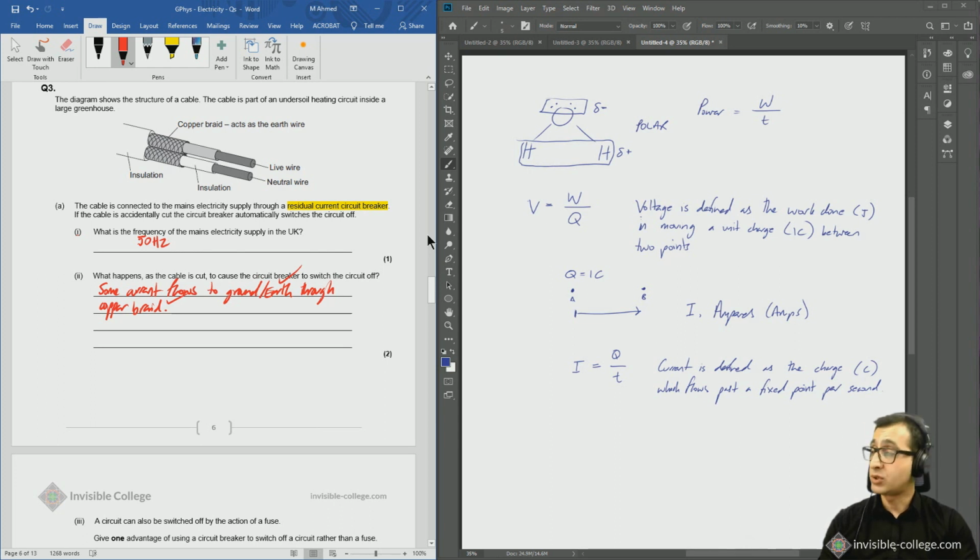An additional mark you can gain by saying that residual circuit breakers or residual current circuit breaker devices, the way that they work is by detecting the difference between the current in the live and the neutral wire.